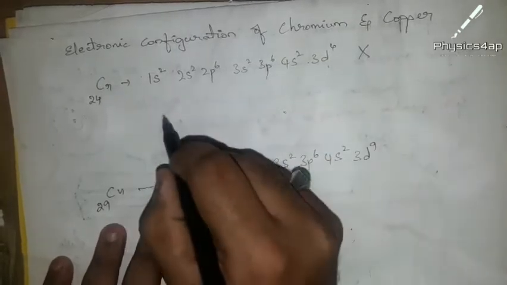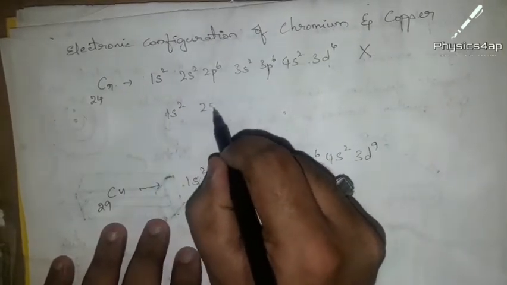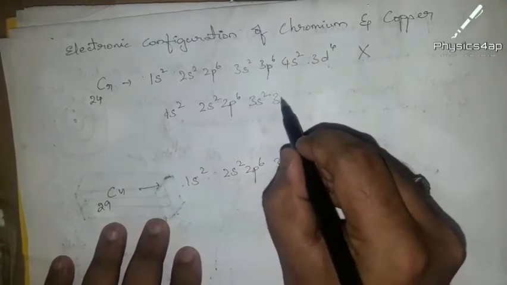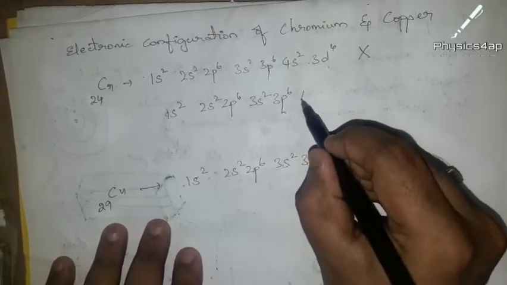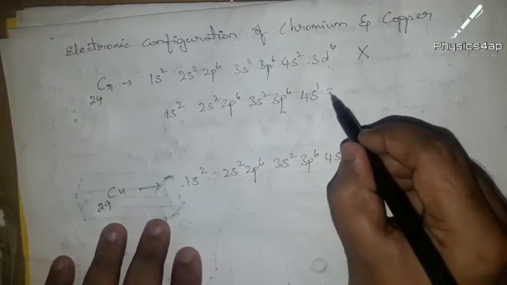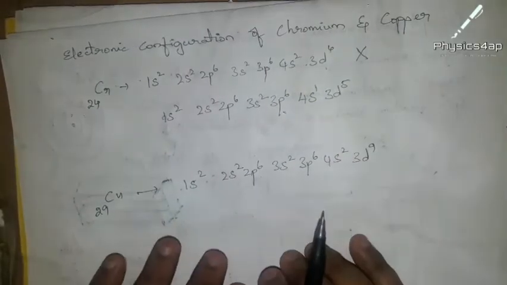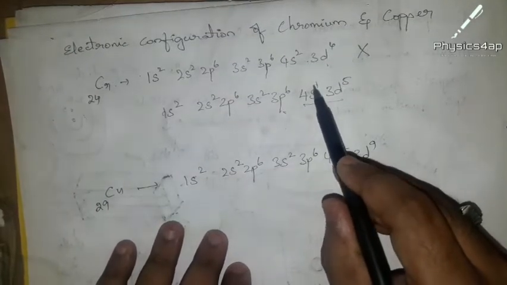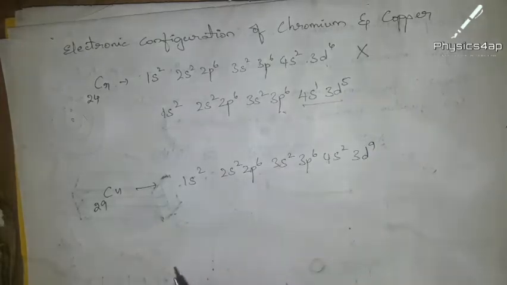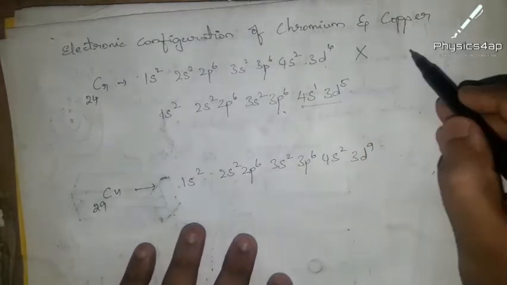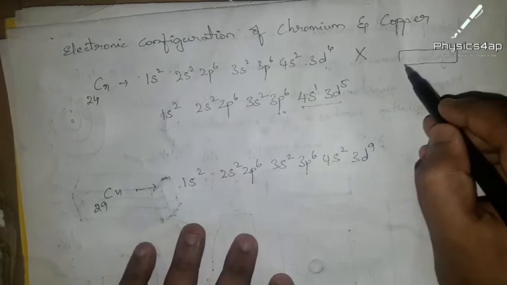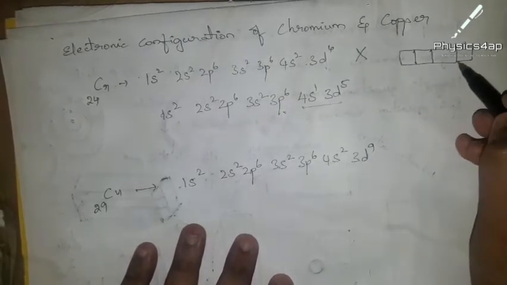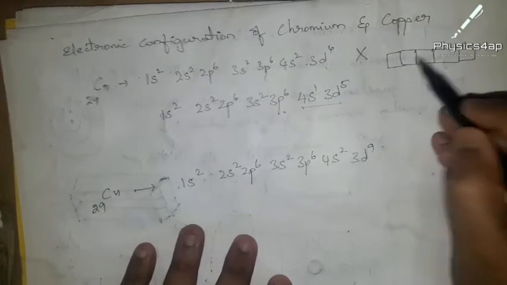The correct one is 1s2, 2s2, 2p6, 3s2, 3p6, 4s1, 3d5. So one electron of the 4s orbital energy level will jump into the 3d energy level. Why? Because in 3d we have 5 degenerate orbitals: 1, 2, 3, 4 and 5.